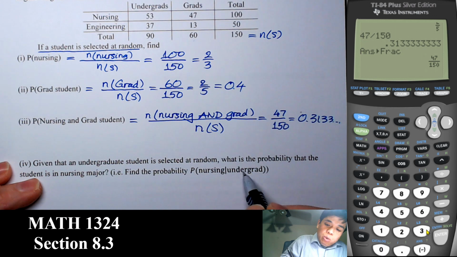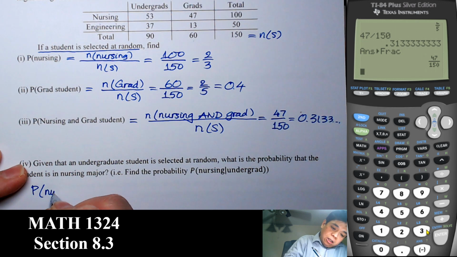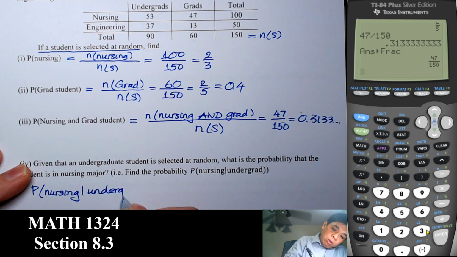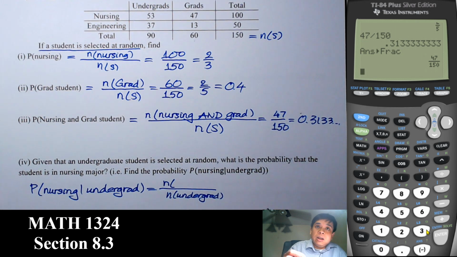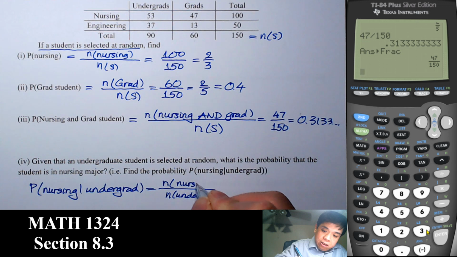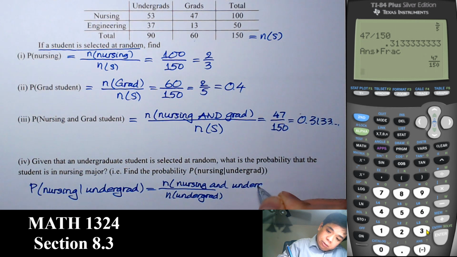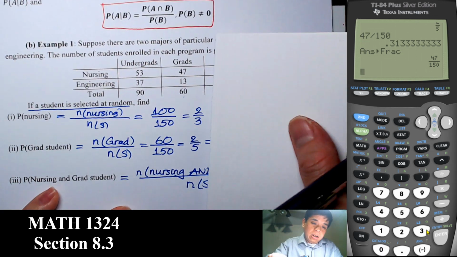We just count how many we have in undergrad, and how many of them are nursing.